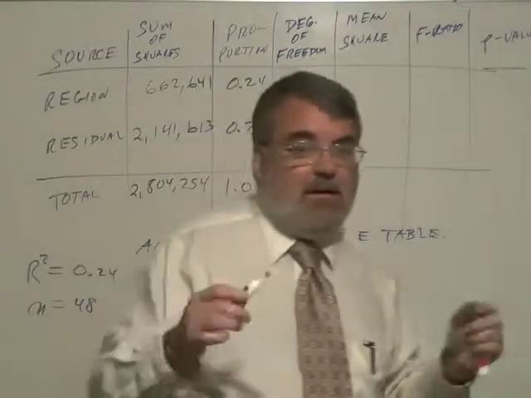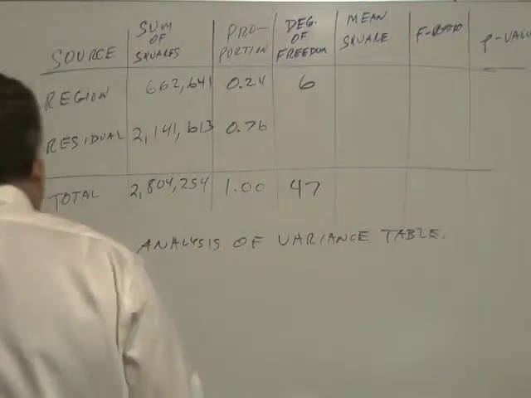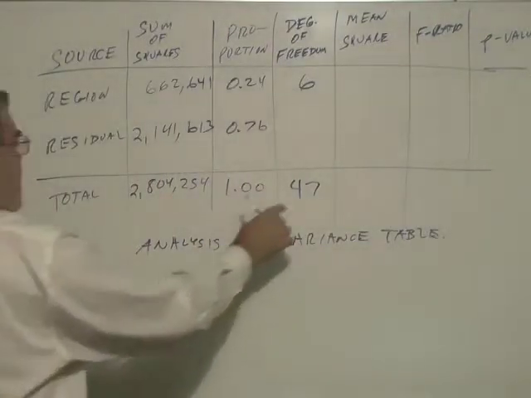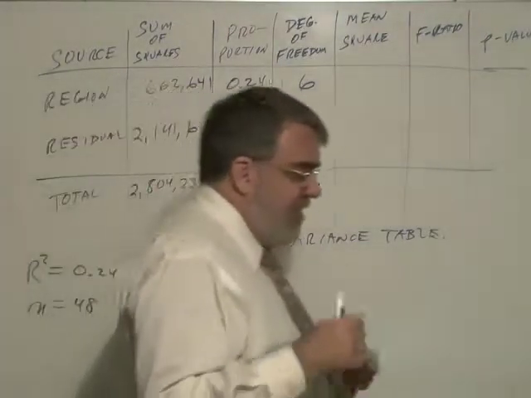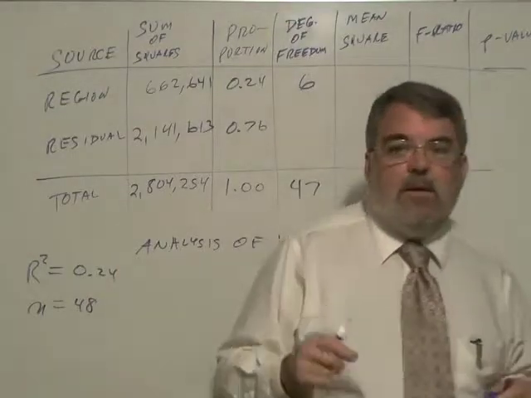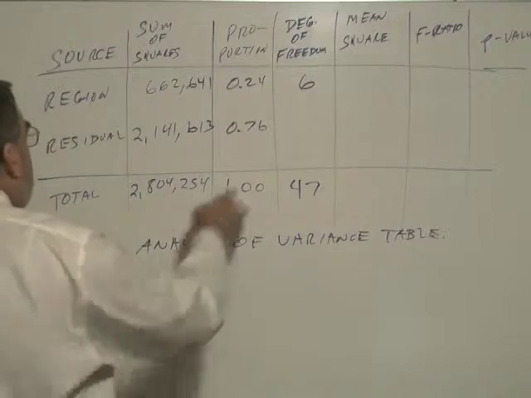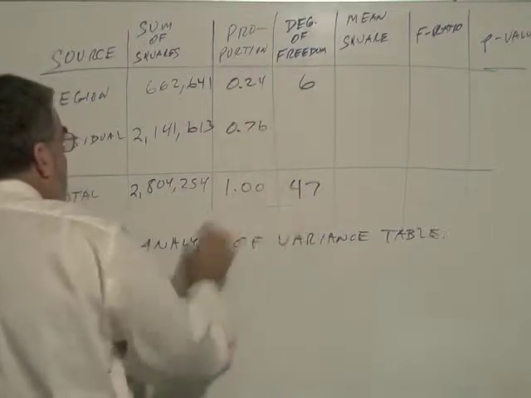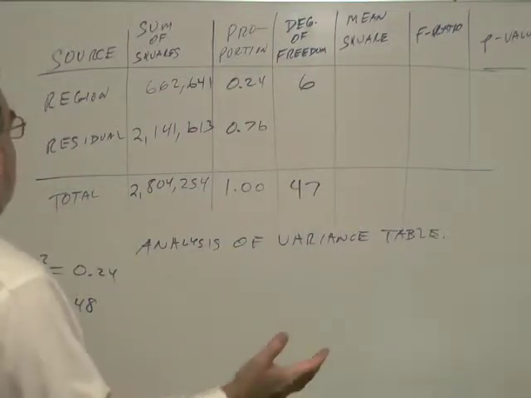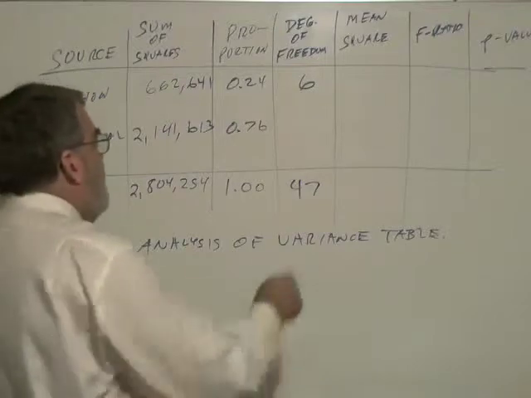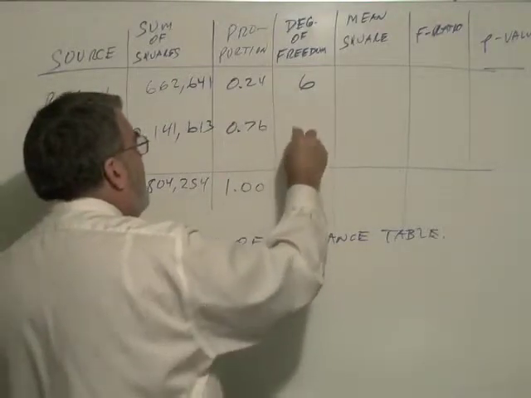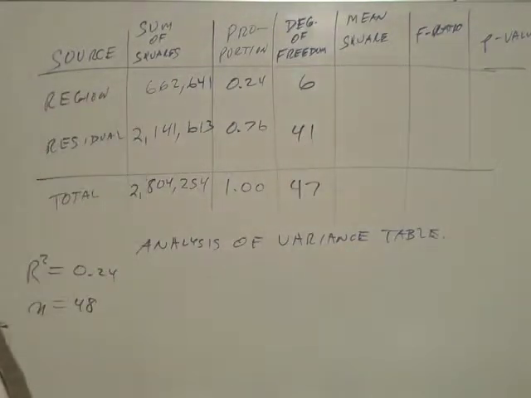There were 48 states. We left out Hawaii and Alaska, didn't count those. With 48 states, N minus 1 would be 47. So the total degrees of freedom is always N minus 1. So 1 less than the number of categories, 1 less than the sample size. As far as residual degrees of freedom, that's going to be the difference between these two numbers, which would be 41.